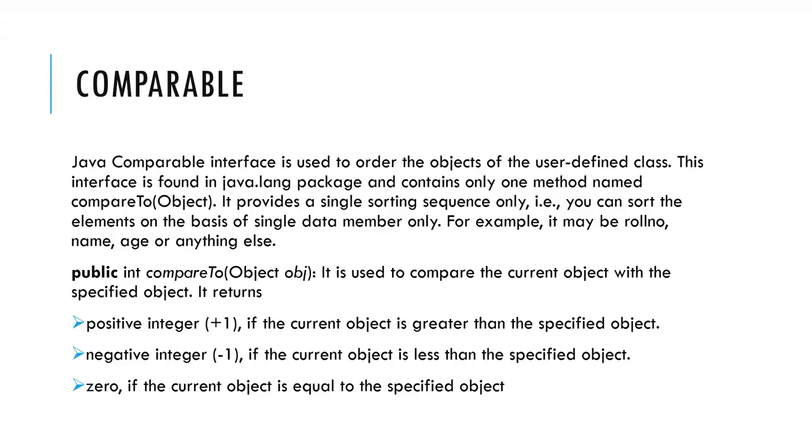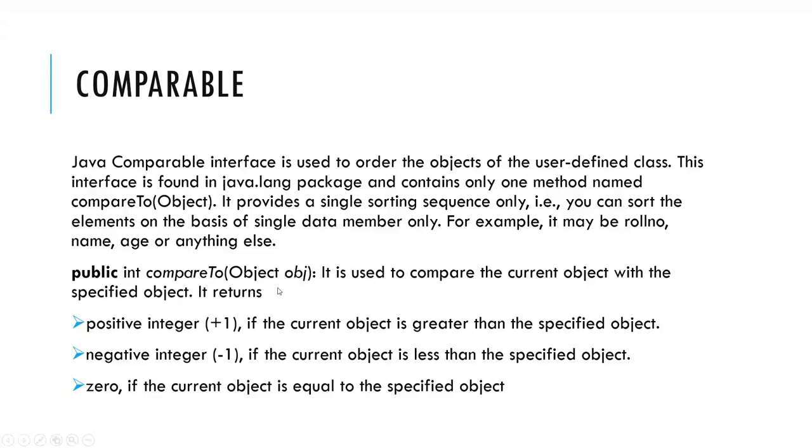The Comparable interface provides the compareTo method, which is used to compare the current object with the specified object, the object obj in this case.